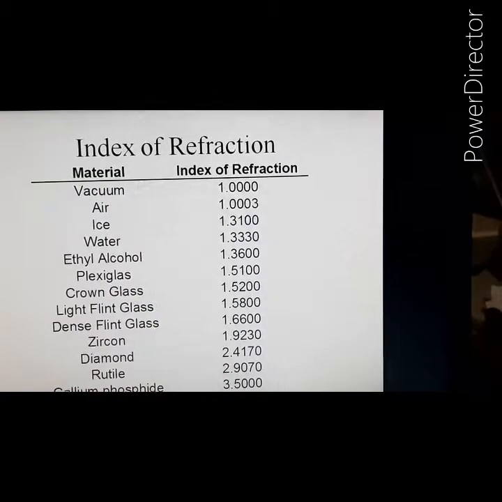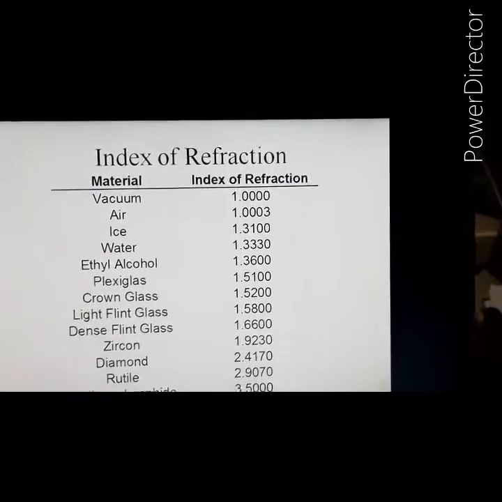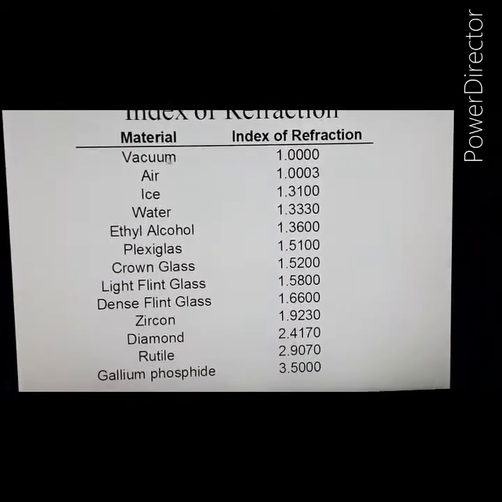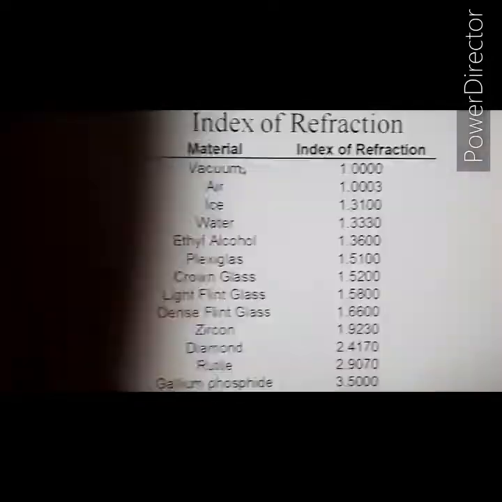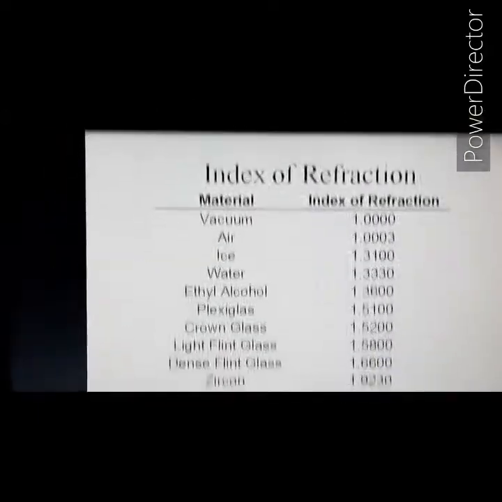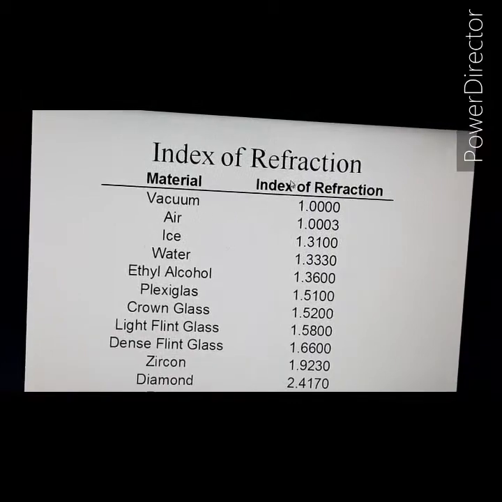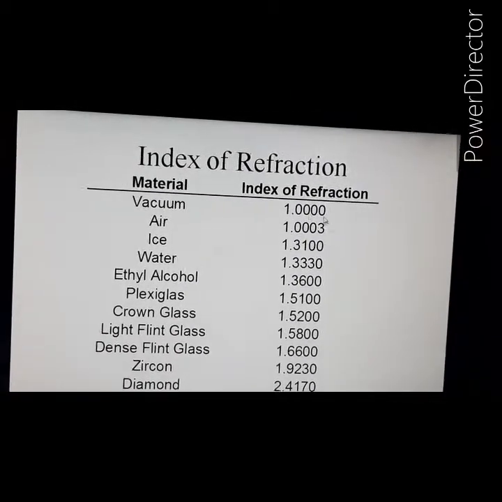We can see here a rough idea about the refractive indices of different materials. If you see the vacuum, the refractive index of the vacuum is 1.